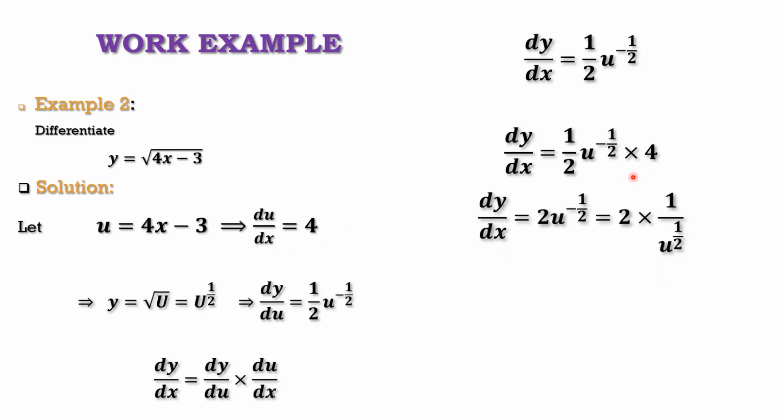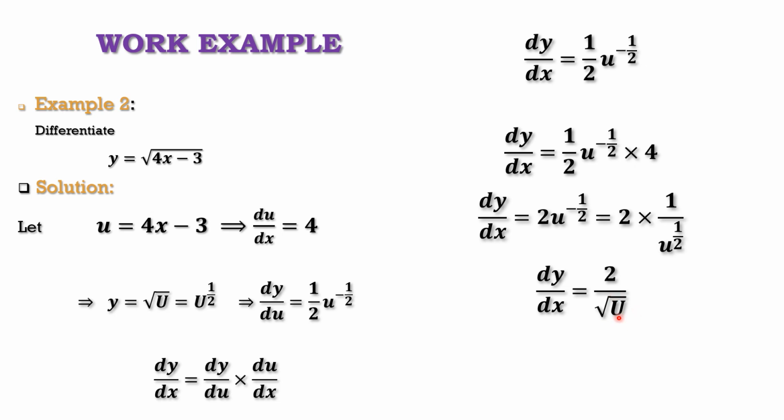So at the end of it all, we are going to have 2u to the power minus 1 over 2, because 2 goes here 1 and 2 goes here 2. So when 2 multiplies the whole of this expression, we are going to end up with 2 times 1 divided by u raised to the power 1 over 2, which will give us 2 divided by square root of u.